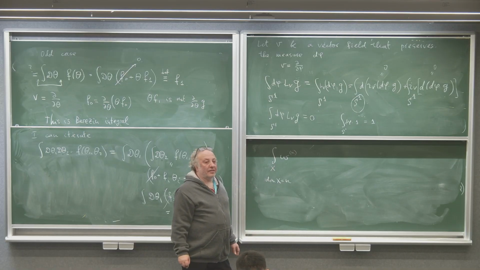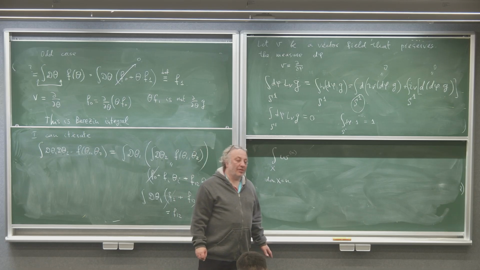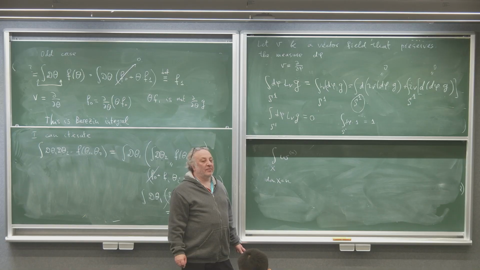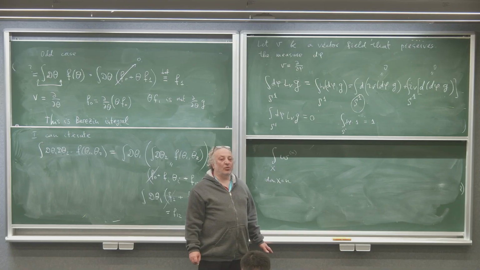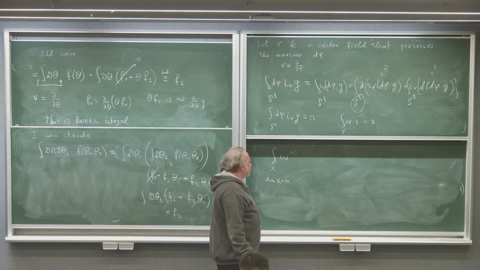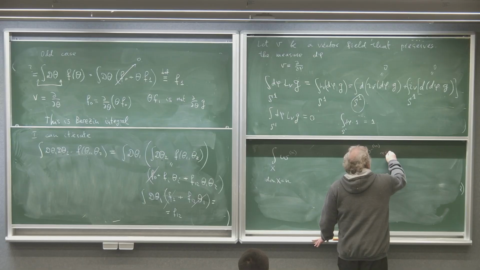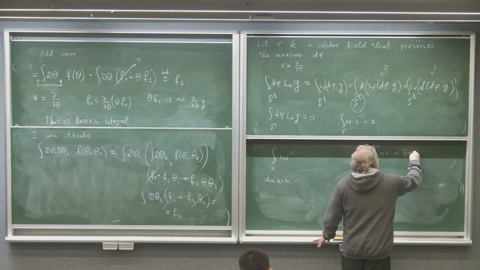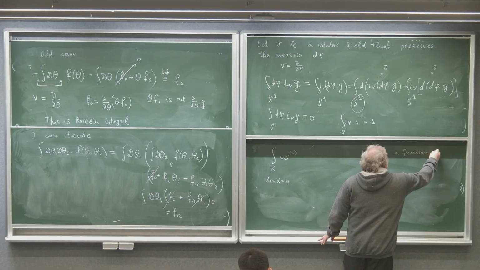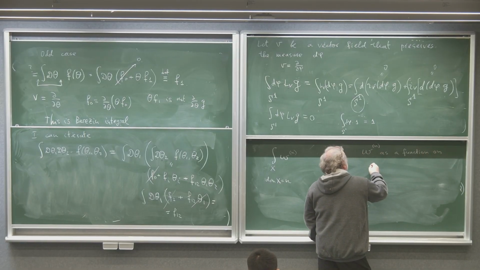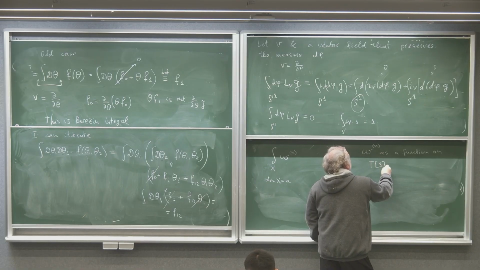So we know that in the geometrical approach, it was something that was canonically defined, without any choice of coordinates, without any use of them. But let us do instead the following. Let us understand omega n as a function on T shifted by 1 X.